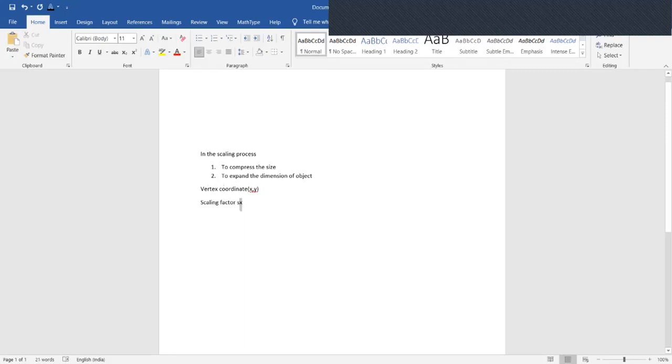Here Sx is known as the scaling factor. Similarly, we have the scaling factor Sy. Sx is for the x-axis and Sy is for the y-axis. Since we are talking about two-dimensional representation, we will talk about Sx and Sy. These are scaling factors.